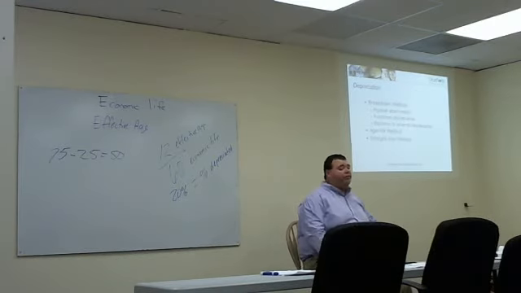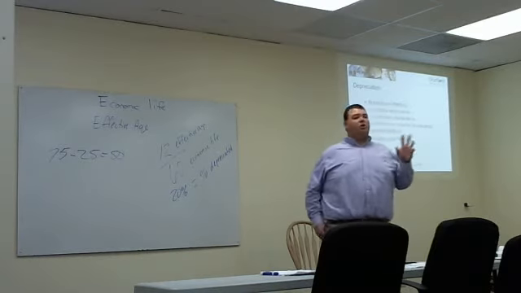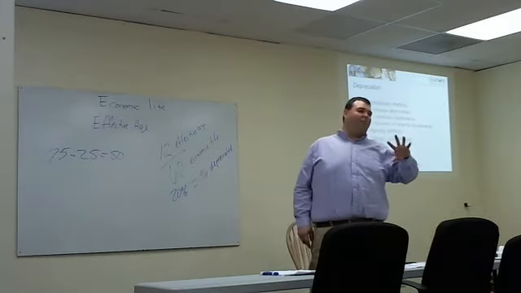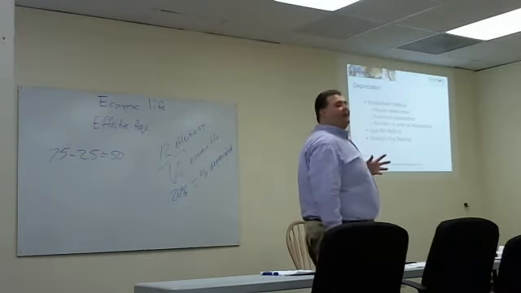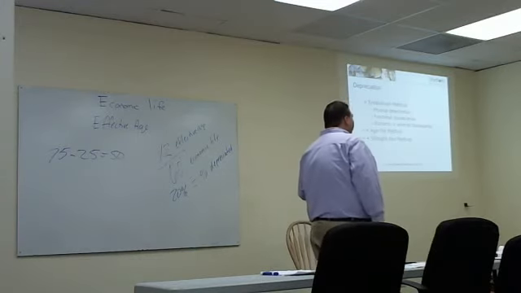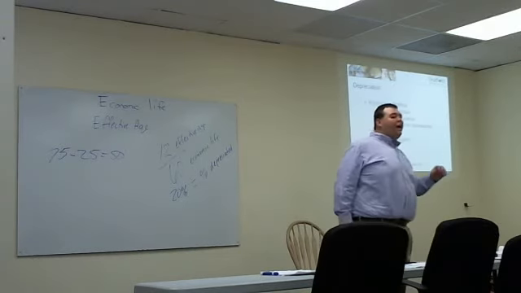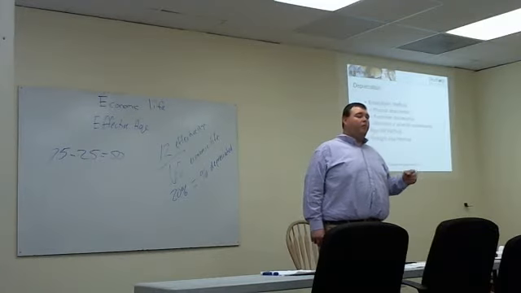Now, your book gives you different types of depreciation. Like I said, from a math perspective, as long as you can deal with that age-life method, the straight line method of depreciation, you're going to be fine from a math perspective. But you do need to know the different types of depreciation from a theory perspective. Okay.